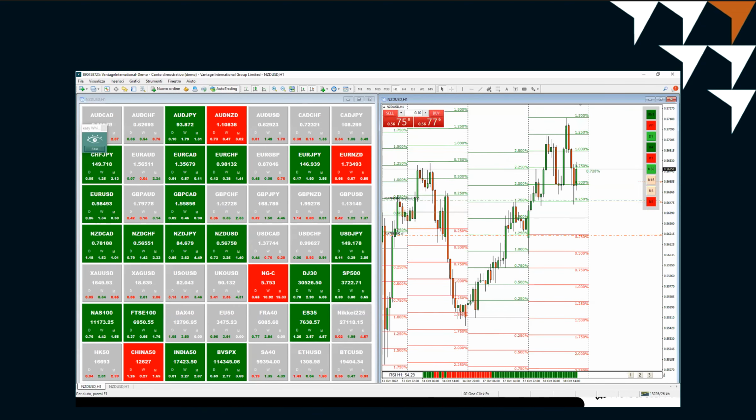So New Zealand dollar, US dollar, for example, is a currency pair that on a daily basis moves around 75 pips from low to high, high to low. So this is the intraday low. This is the intraday high. It's 115 on a resistance.